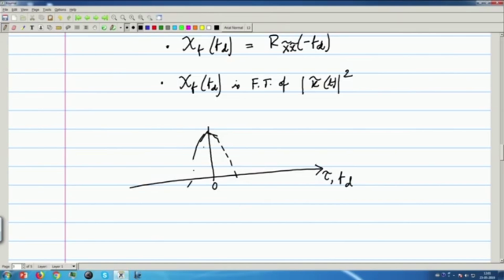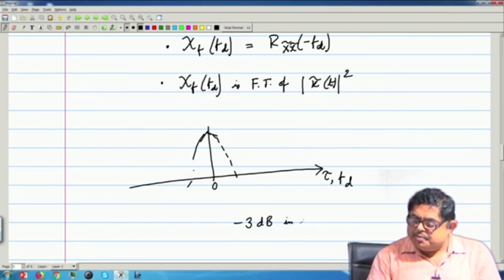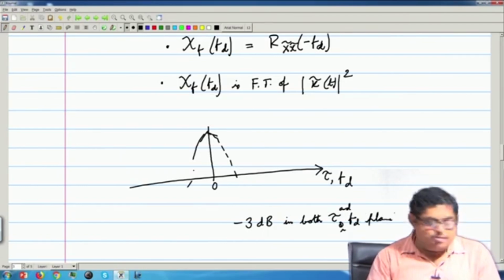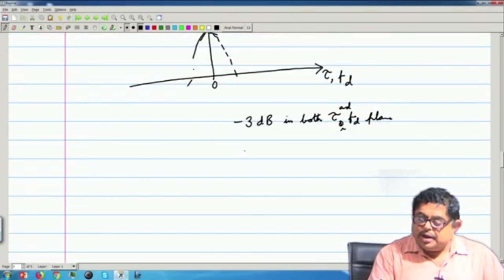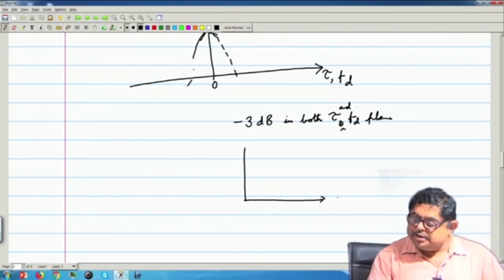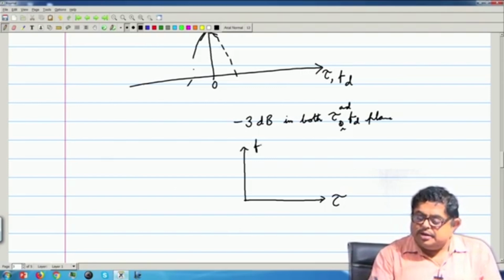If we take a cut of the ambiguity function of the rectangular pulse at approximately minus 3 dB in both the tau and f d plane, which you can easily plot in MATLAB, then that will become an ellipse.